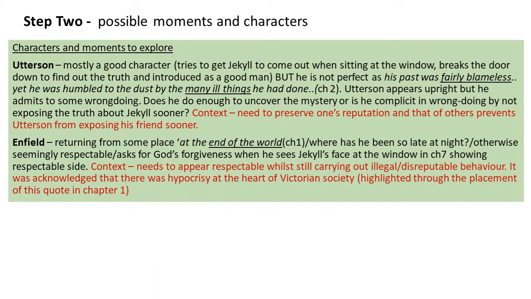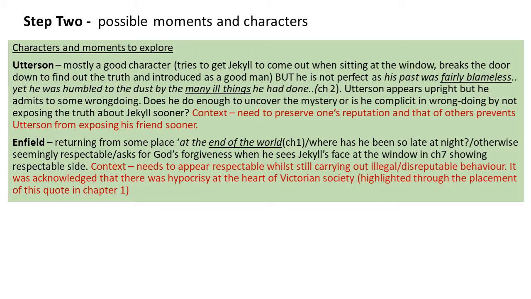And finally, you may want to talk about Enfield, returning from some place at the end of the world, in chapter 1. Where has he been so late at night? Although he is otherwise seemingly respectable, and asks for God's forgiveness when he sees Jekyll's face at the window in chapter 7, showing a respectable side. So context here, you could talk about the need to appear respectable while still carrying out illegal or disreputable behaviour.